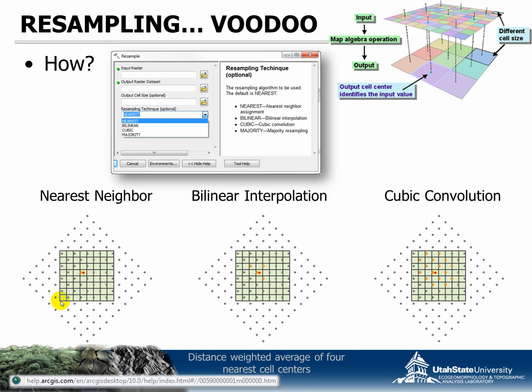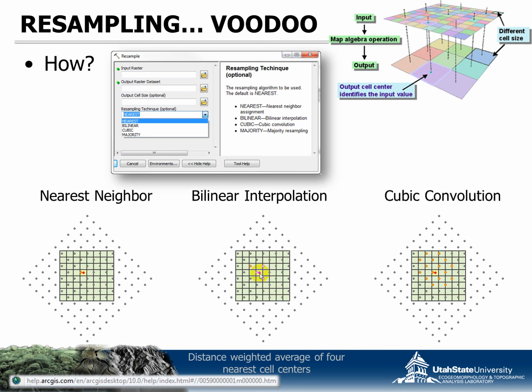And then the output grid in this case is this finer resolution raster right here, which is rotated off of this other grid. Okay, and so if I want to figure out the value at the center of that yellow cell in the red, one method is to use what's my nearest neighbor. So I look all around me, and this is my nearest neighbor, and I use that value.